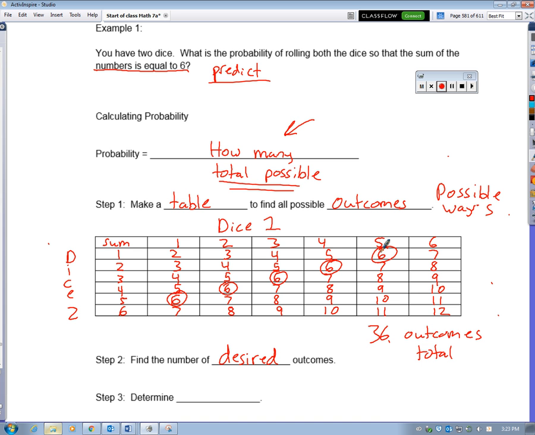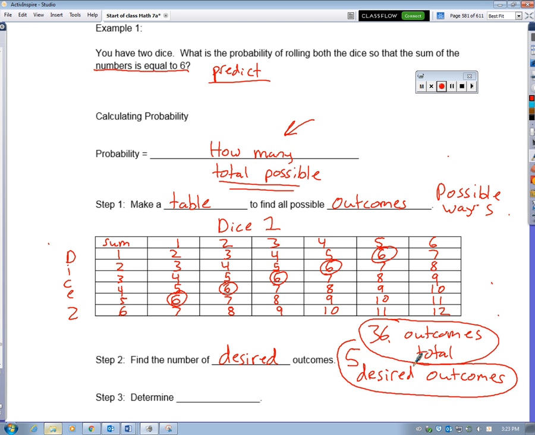Okay, so there are 5 desired outcomes. So we had 36 total possible outcomes, and then we have 5 desired outcomes that would give us a sum of 6, all the ones we circled.